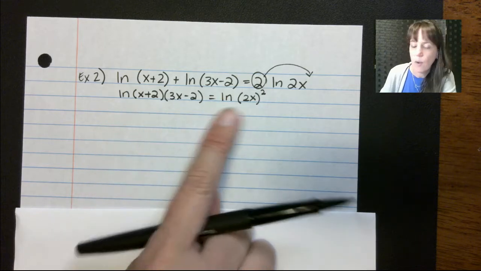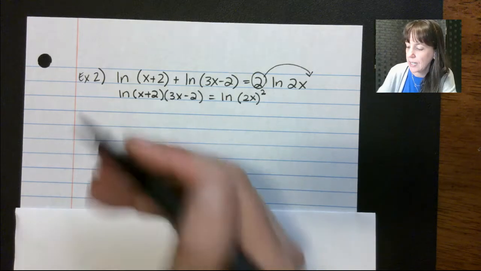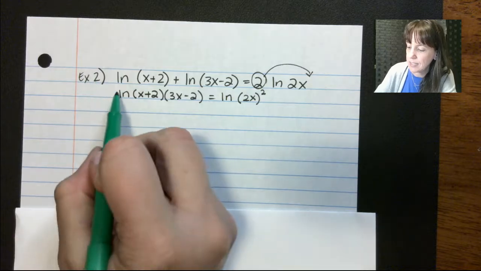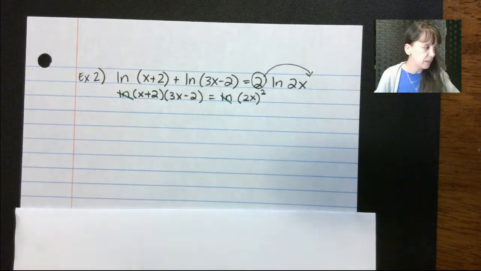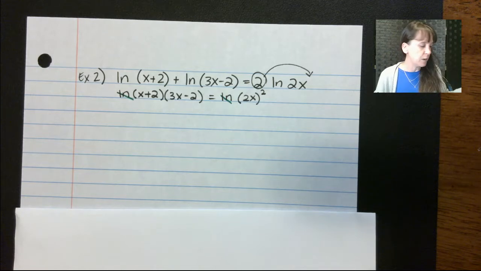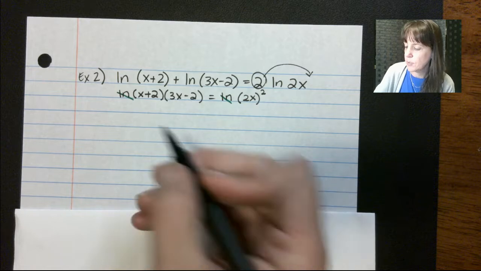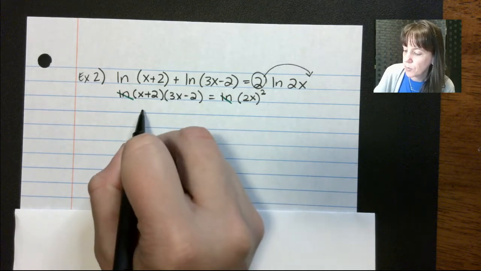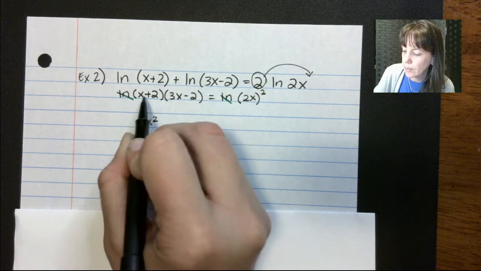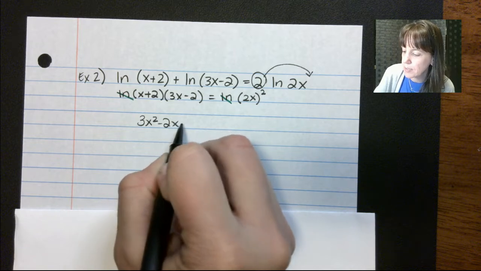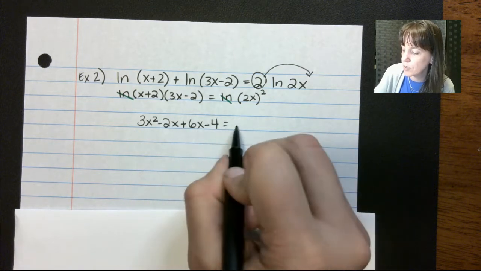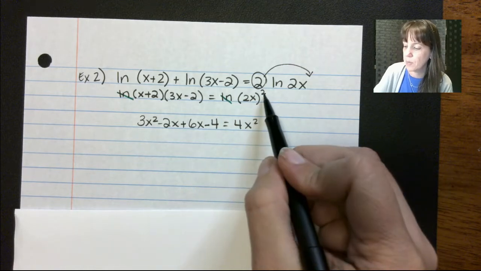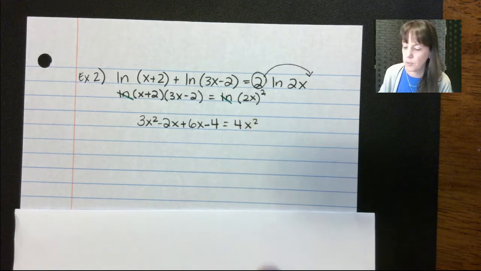Now I have exactly one logarithm on each side. Again, what I can do is cancel those out. Let's go ahead and FOIL this. So what we have is 3x squared minus 2x plus 6x minus 4 equals 4x squared, because I took that 2 and distributed it to both of those.